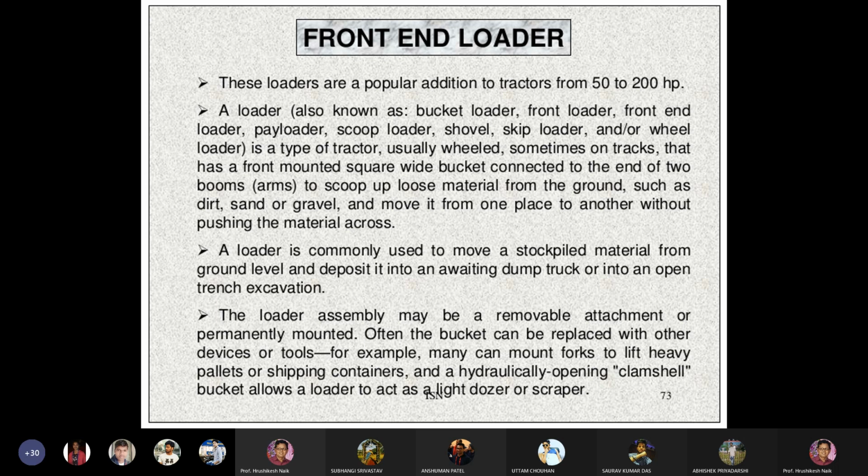Then transportation. Transportation is carried out by the dumpers or by the conveyors. Different sizes of dumpers are there, with capacity as high as 240-ton dumpers, 35-ton dumpers, and small dumpers.